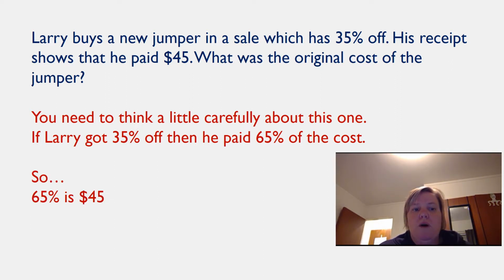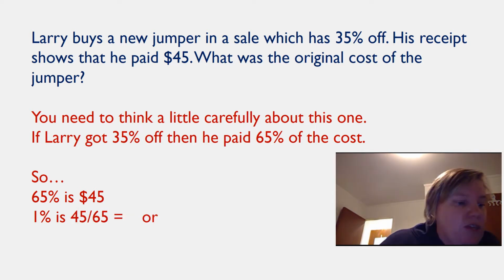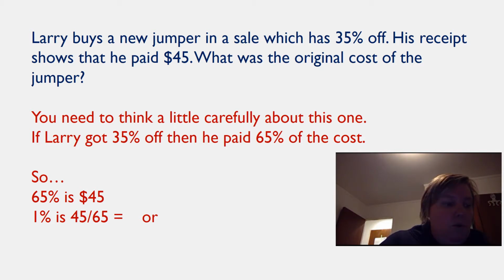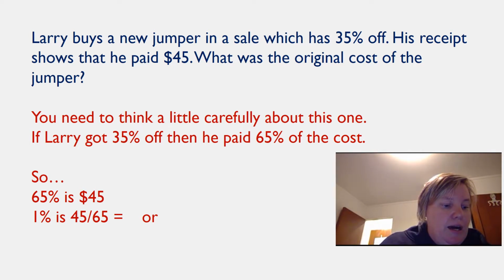So what I know is that 65% is $45. So I'm going to do the same thing. I'm going to take my number and divide it by my percentage. Okay, so 45 over 65. Now this happens to be quite a hideous little fraction, or quite a nice little fraction. And the fraction is 9 over 13.